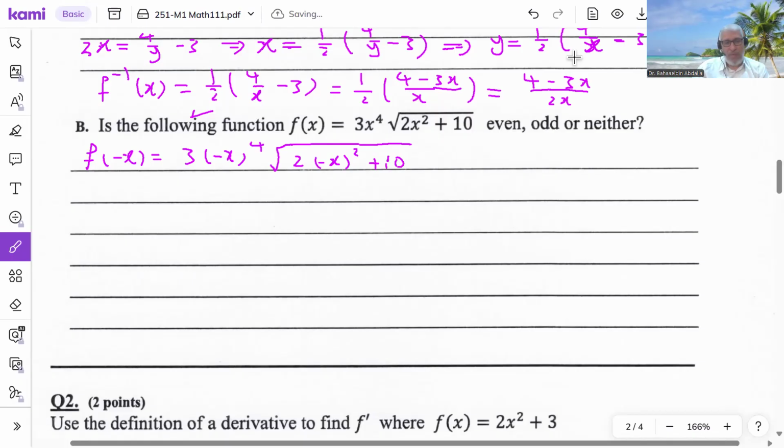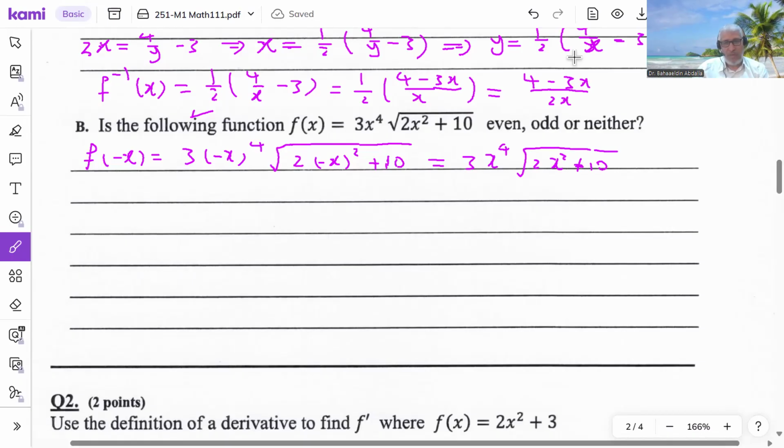And now negative sign to the power 4 will be positive. So in fact, I'll have 3x to the power 4 times 2. Negative x all to the power 2 will be also x squared plus 10. And now I see whether this is equal to f of x or not.